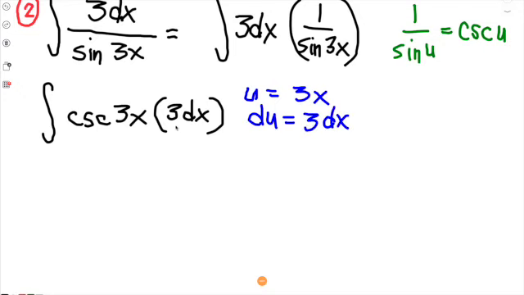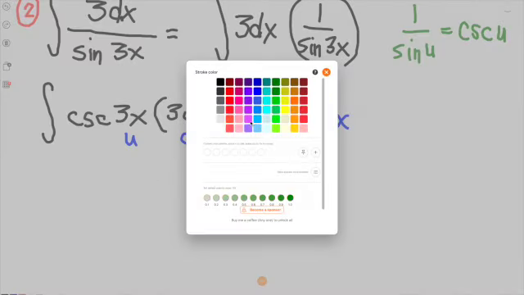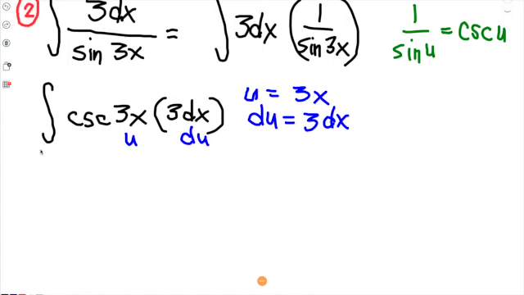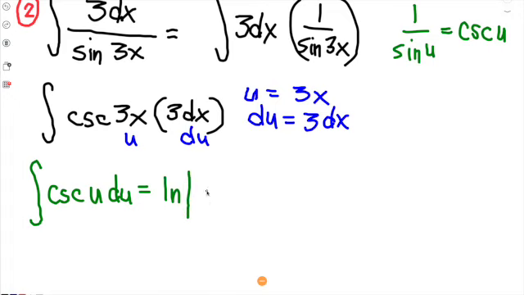So now we have du and we have u. This equation just becomes the integral of cosecant u du, which is equal to the ln of the absolute value of cosecant u minus cotangent u plus c.